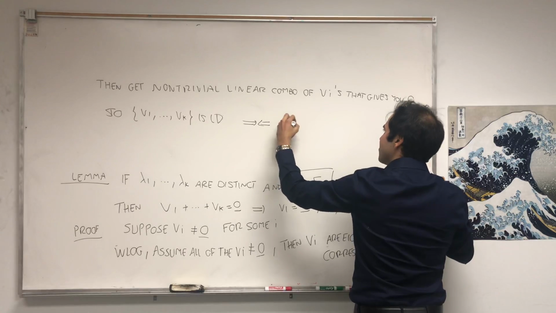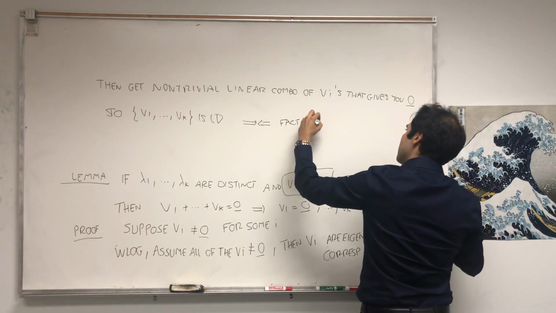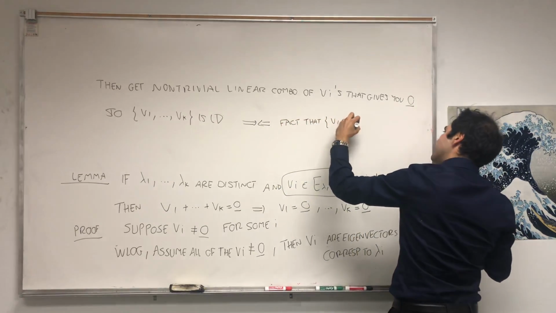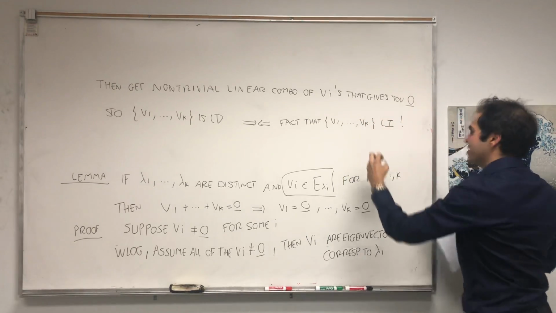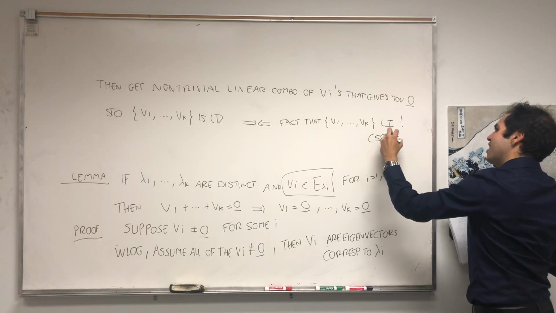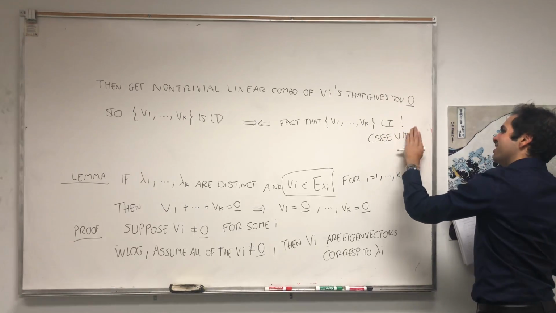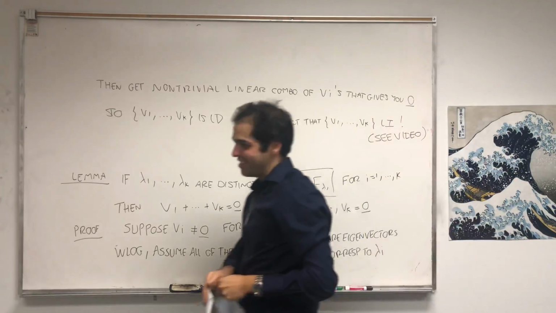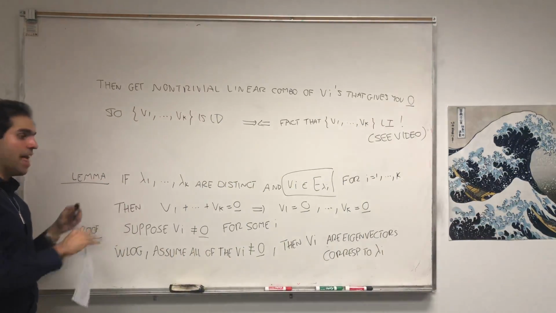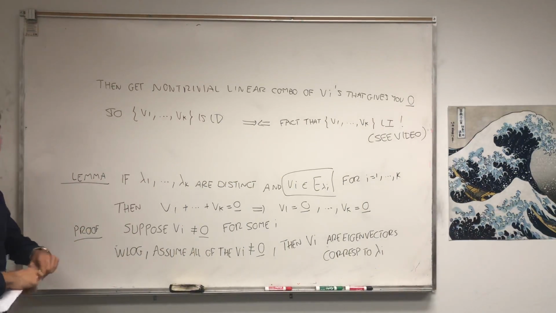It contradicts the fact that V1 up to Vk is linearly independent. And again, see the other video, which I'll try to put in the description if I remember. Alright, and you'll see this lemma will magically help us.